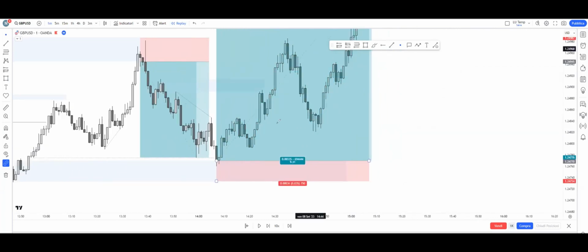Most of you may be confused about this reaction because you will say, well, that's a kind of small reaction. Why didn't this low hold? We have to use logic. On a lower time frame, for example the seconds time frame, that will be our range following the order flow. This reaction is pretty much enough, and it also came into a breaker.